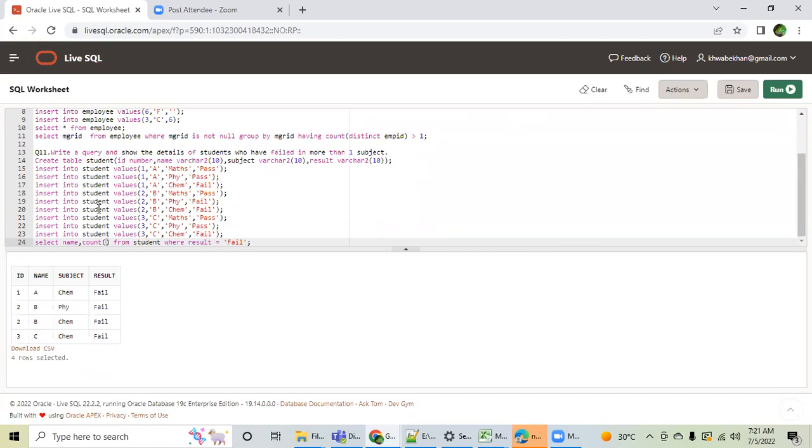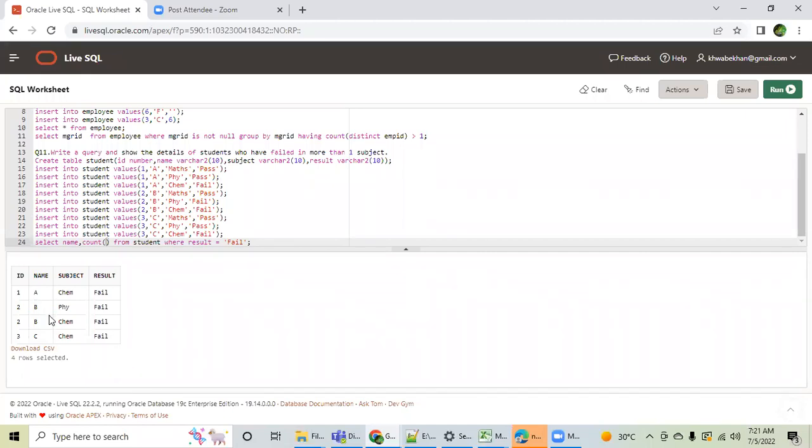Subject. Okay, let's try to understand this. Here from this data, I have given the condition result is equal to fail, so I got only the failed records. Now what do you have to find? You have to find those students who have been mapped with more than one subject.